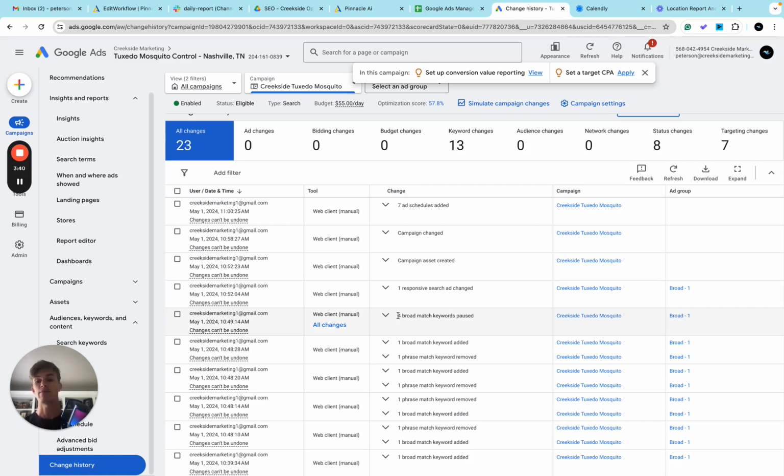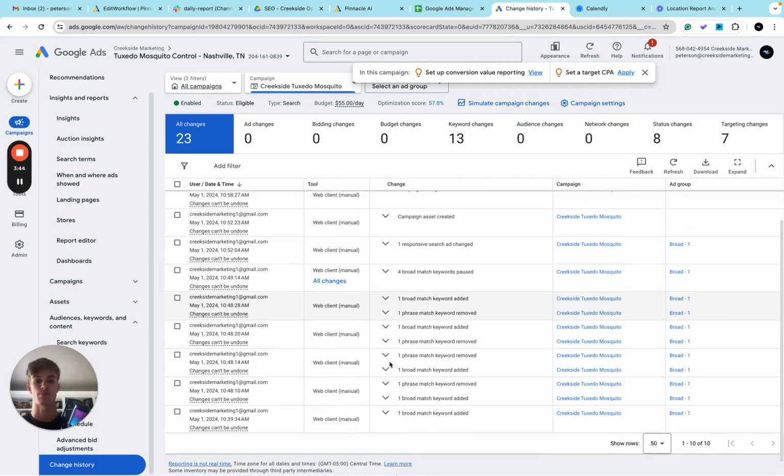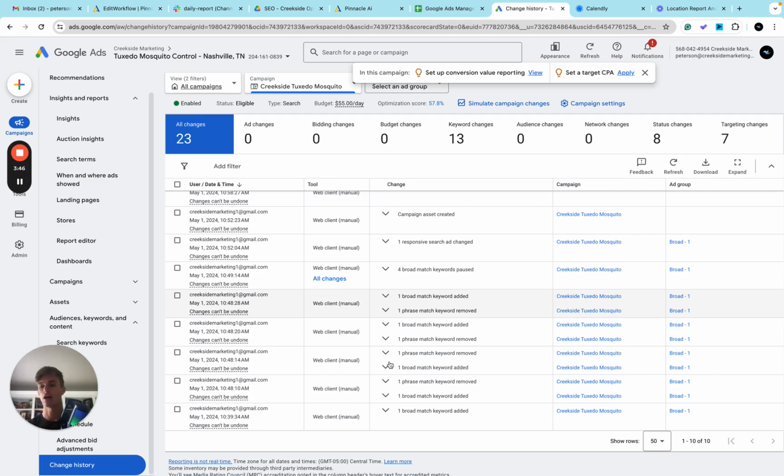So what we typically do is we undo all of these changes from that given date. This is why we like to make changes in slow increments, because if you make a bunch of big changes all at once, it's hard to tell what caused the problem.